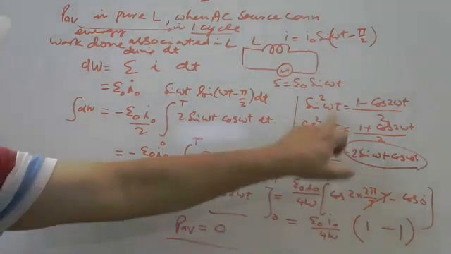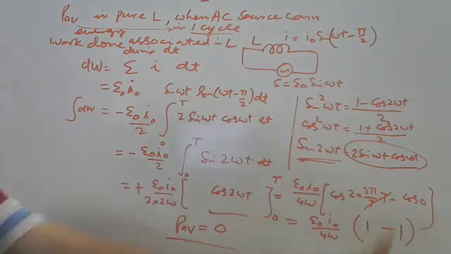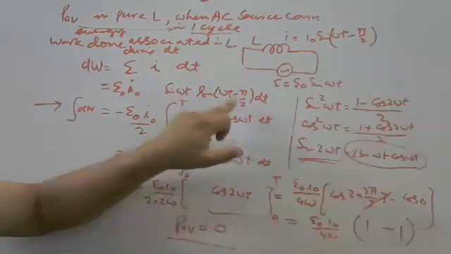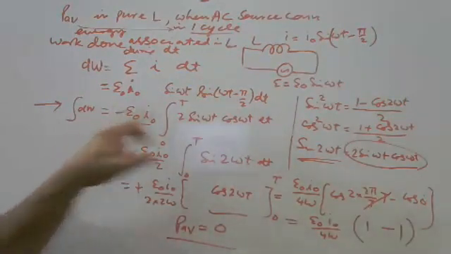You know, these small formulas, there will be no problem in the derivation, and these derivations normally come in the board exam. Any doubt in this? Sin 90 minus theta is plus cos theta. Sin omega t minus 90 is minus cos omega t.